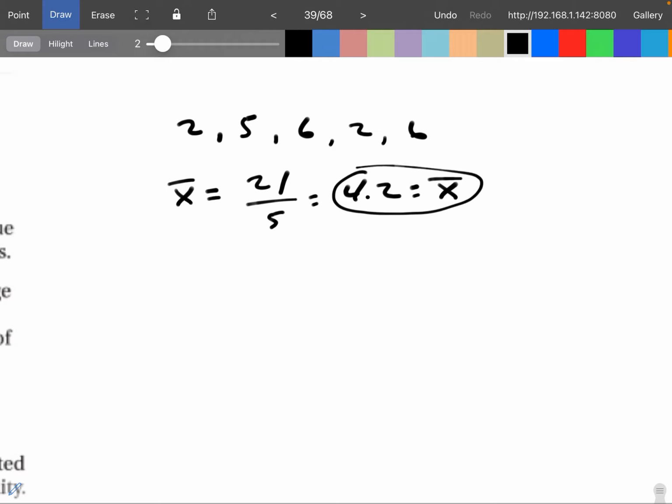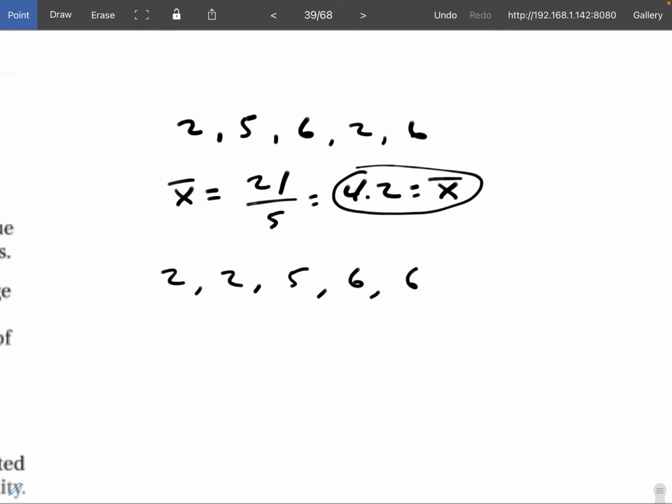Then to do the median, we got to put them in order. So that would be 2, 2, 5, 6, 6. This time, if we put them in order, we can see we've got an odd number of data values. If we have an odd number of data values, then we can find one in the middle, right? If we kind of count in from the outside, you got these two, you end up with this one in the middle.